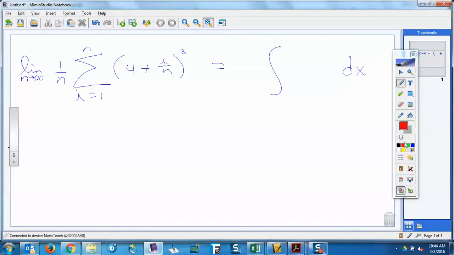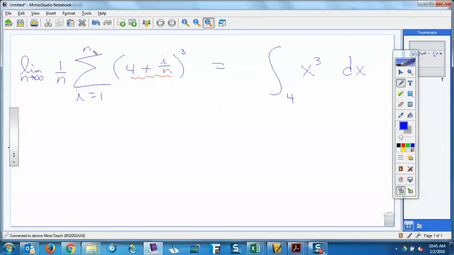One way of doing it, like they did in 27, is the way we preferred: this is the dx, and this is the messy stuff that becomes the x. So over here, we're going to have just x cubed. And then what is our starting point? Like Jamie was saying yesterday, if they're right rectangles, we can just plug in a 0 here, and you get 4 plus 0, which is 4.